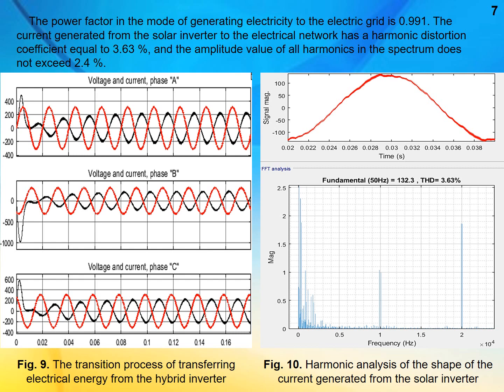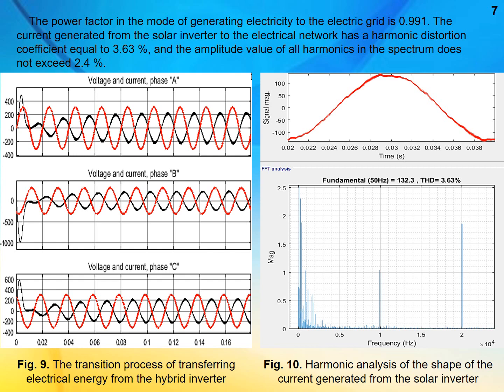The power factor in the mode of generating electricity to the electric grid is 0.991. The results of the harmonic analysis of the form of the current generated from the solar inverter to the electric grid are shown in figure 10.